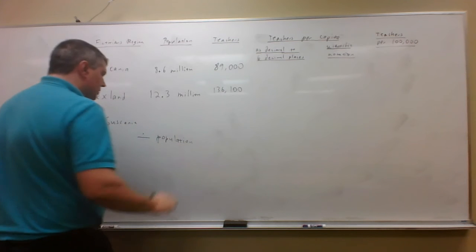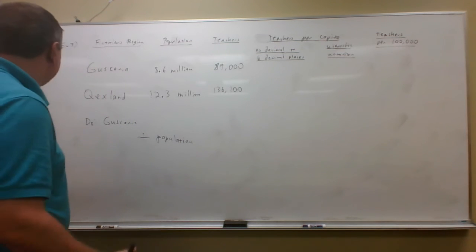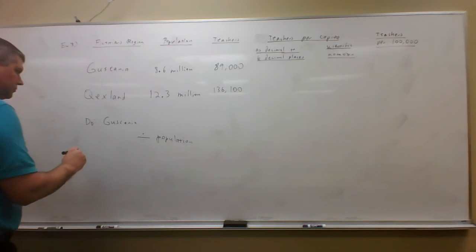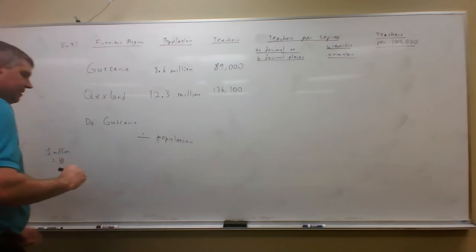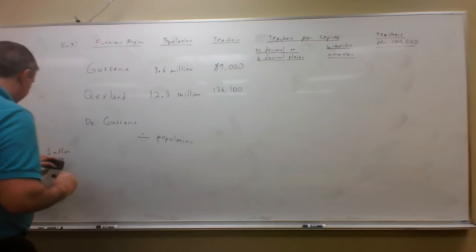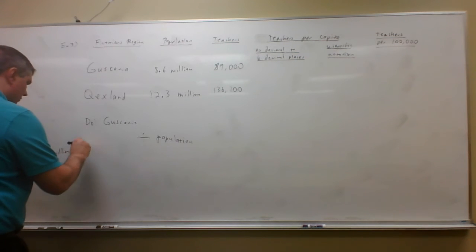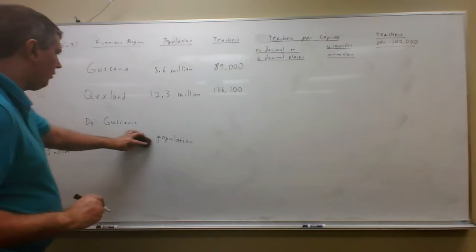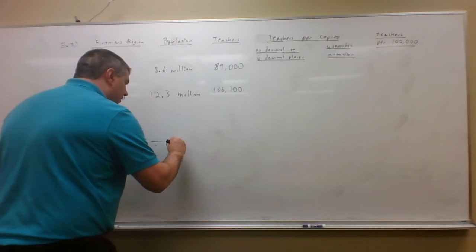No ifs, no ands, no buts. And remember, 1 million equals 10 to the 6th power. That's going to come in helpful. So anytime you are doing per capita, you are dividing by the population.